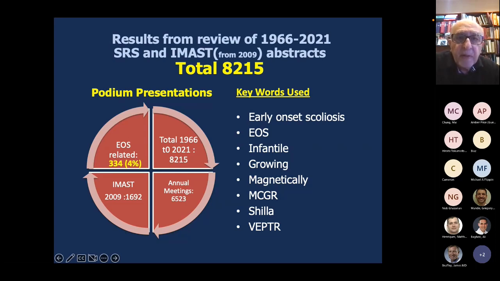And we looked at the keyword to look at the papers with early onset scoliosis, and only about 4%, 334, were dealing one way or the other with early onset scoliosis.